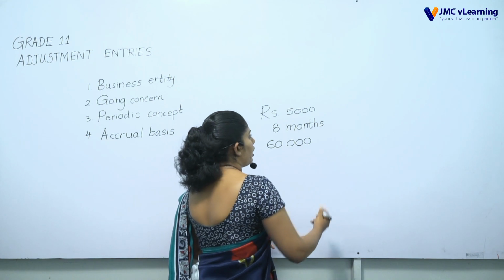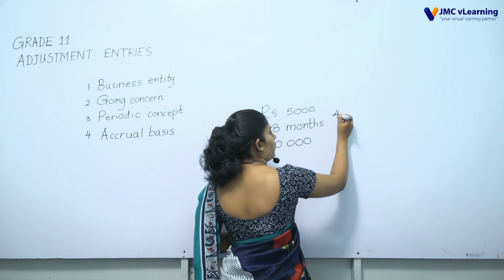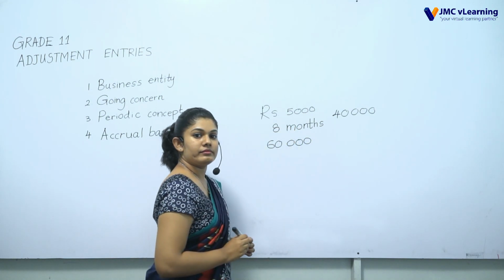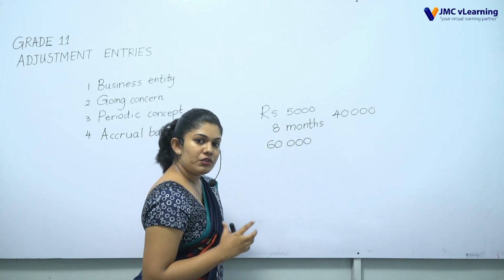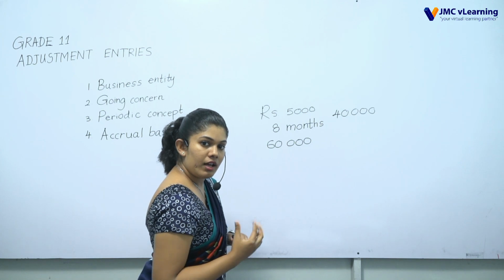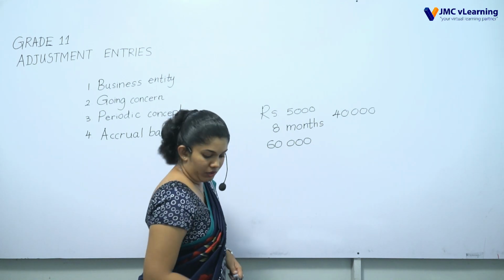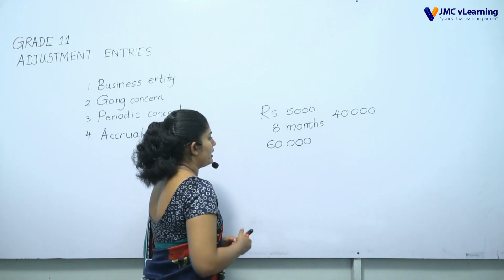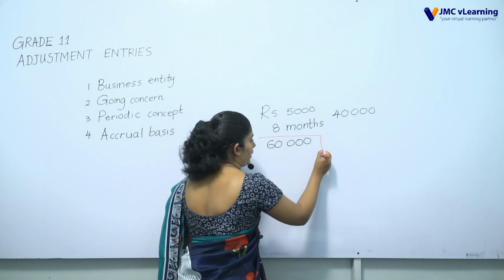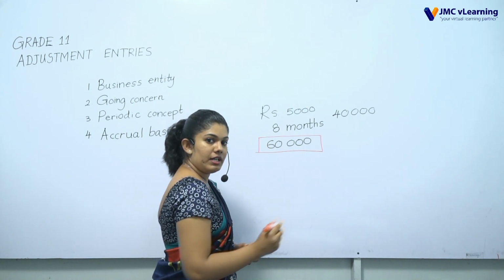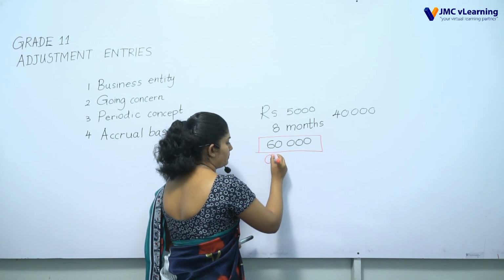But we only received 40,000 for 8 months. Which value should we record? According to the accrual basis, we have to record this 60,000 in our profit or loss statement under other income.